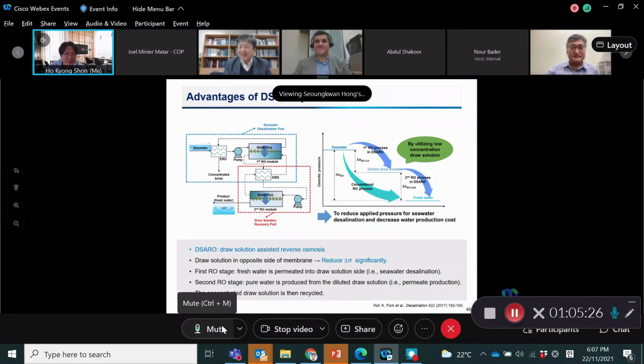My question is about breakthroughs in desalination. The first one is the RO membrane using polyamide thin film composite. The second breakthrough is the ERD, the energy recovery device. Now it's time to make another breakthrough, the third generation of desalination. People look at the RO brine for resource recovery, like lithium or other valuable materials.